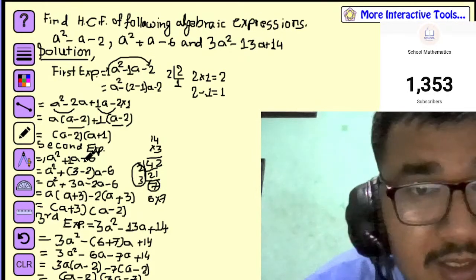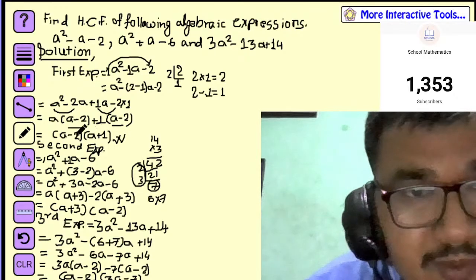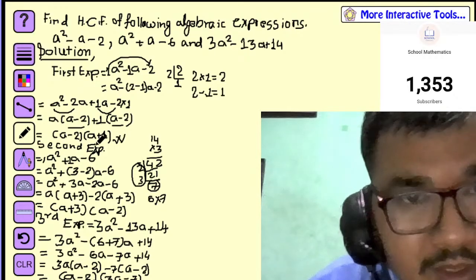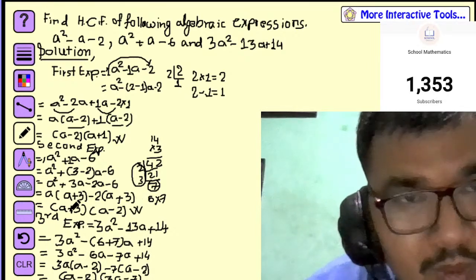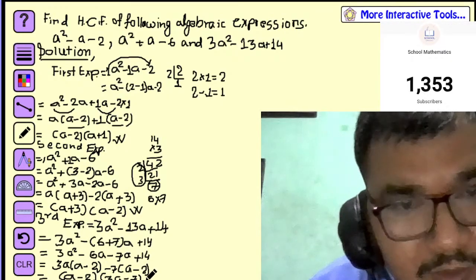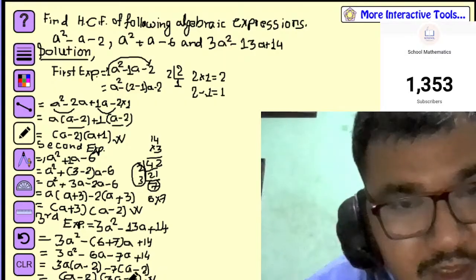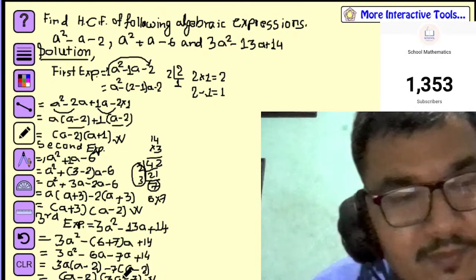Now let's see what we got in these expressions. In the first expression we got a minus 2 and a plus 1. In the second expression, one is a plus 3 and the other is a minus 2. And in the third expression we get a minus 2 and 3a plus 7.